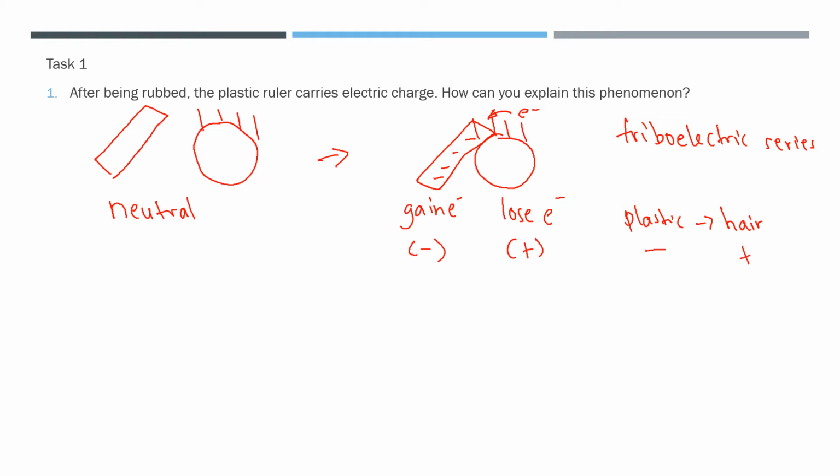But if I change the plastic to a glass rod, and the hair to silk cloth, you know silk, the expensive one taken from the caterpillar, then the silk will be negatively charged, but the glass will be positively charged. The complete list you can search for, the triboelectric series.